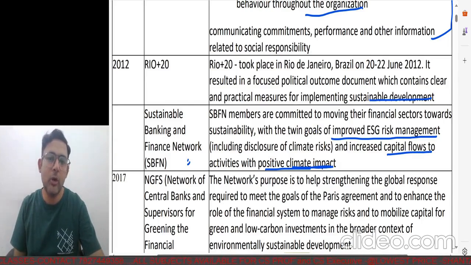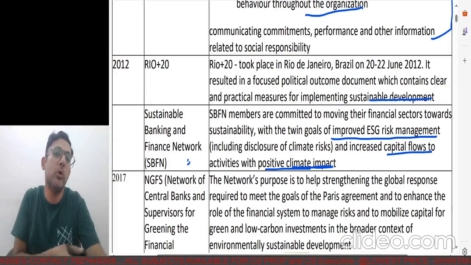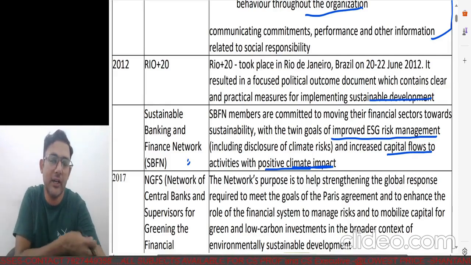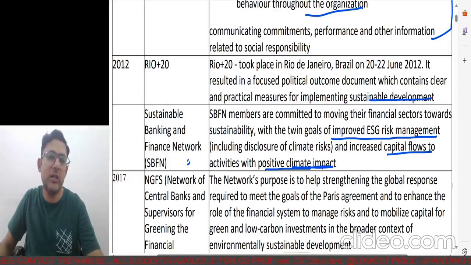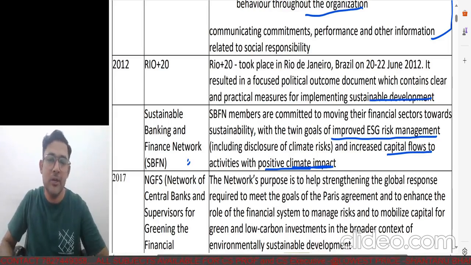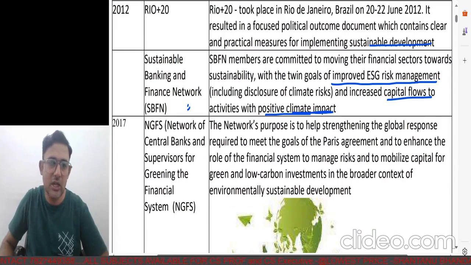So when we talk about sustainable banking, it says that money needs to be invested now in more climate friendly things rather than in those things which harm our environment. We will invest the money in those things which protect our environment and make this planet a better place to live. Then we have the Network of Central Banks and Supervisors for Greening the Financial System, NGFS.